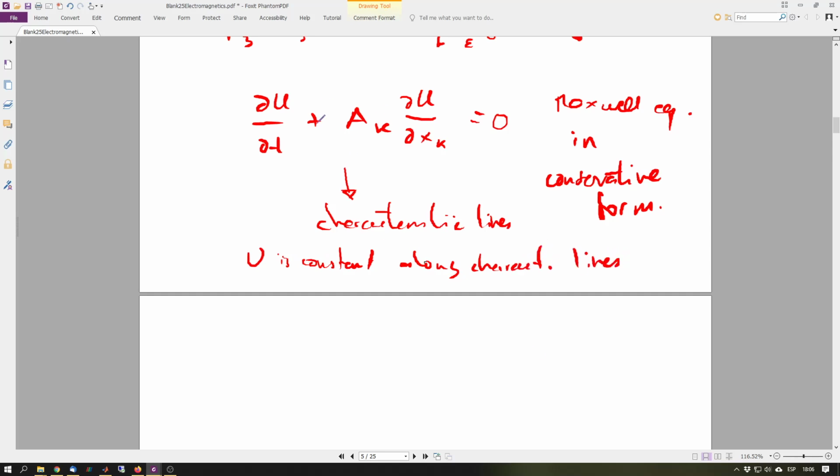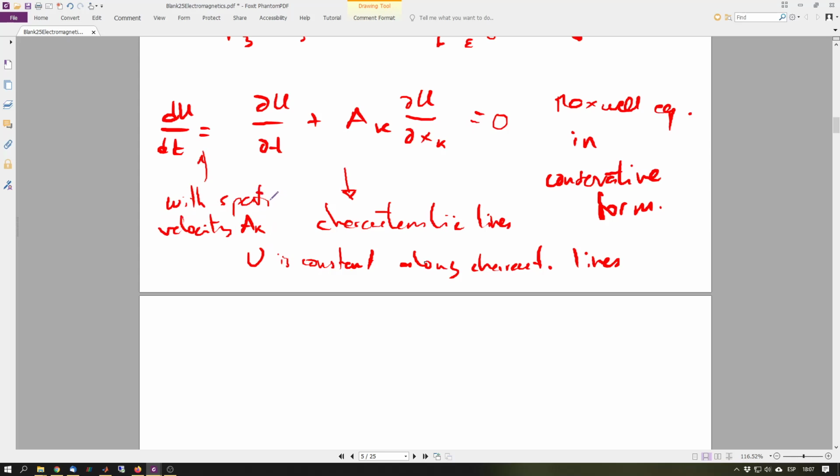Okay, so that looks like the spatial time derivative with spatial velocity a.